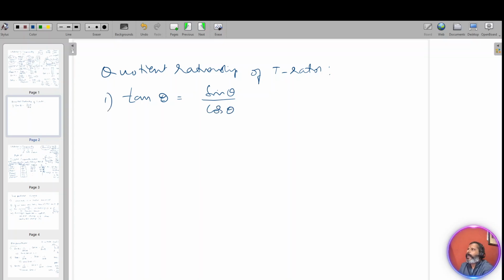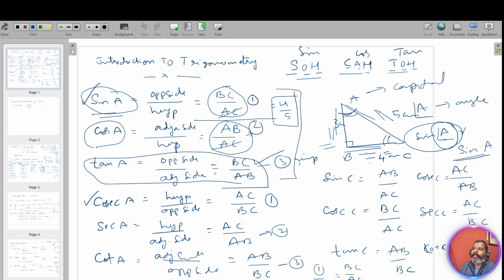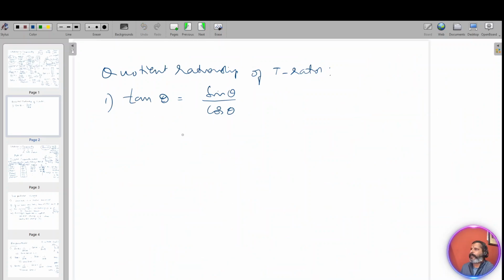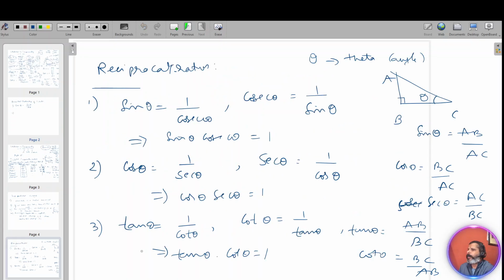This is one. Similarly, just check out here. Secant by cosecant. When you see 2 by 1, this 2 by 1, just observe here. Since we have already this tan, coming back to this, what are the tan and cot relations?